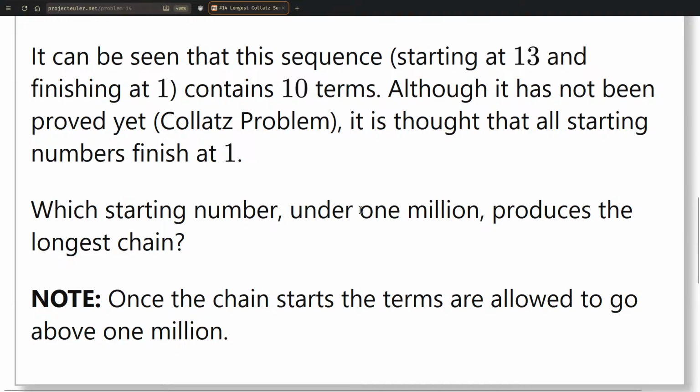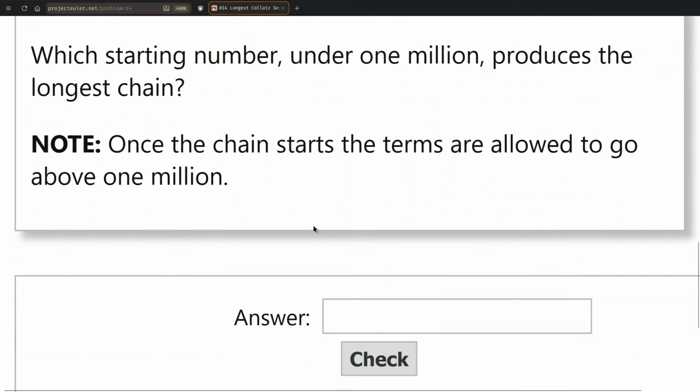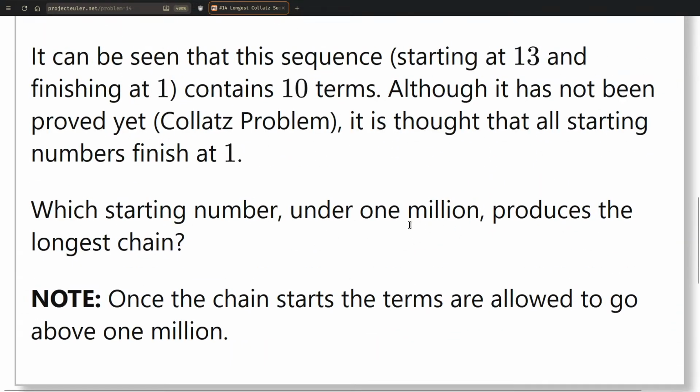Because just doing 1 million of these Collatz sequences should be pretty fast. So we'll loop from 1 to 1 million, and we'll check the length of the chain. We can do that by making some function to figure out the length of the chain. And then we'll find out which of these numbers gives us the longest chain.